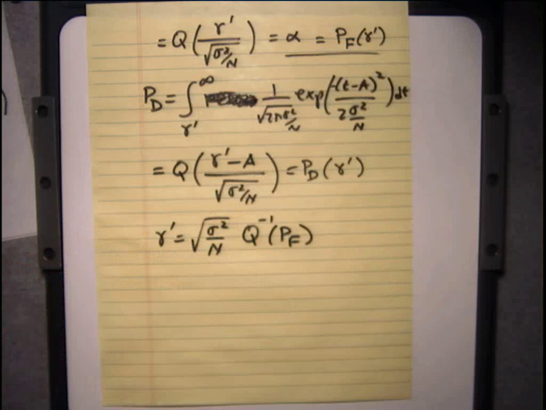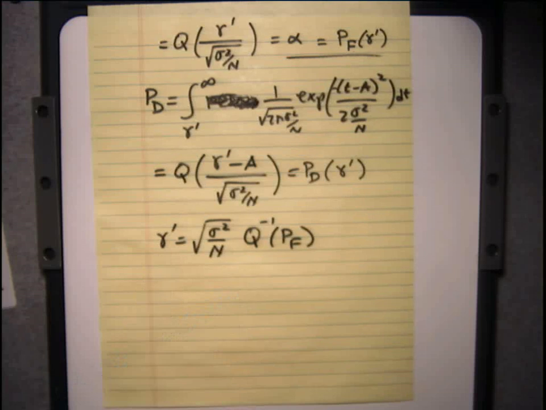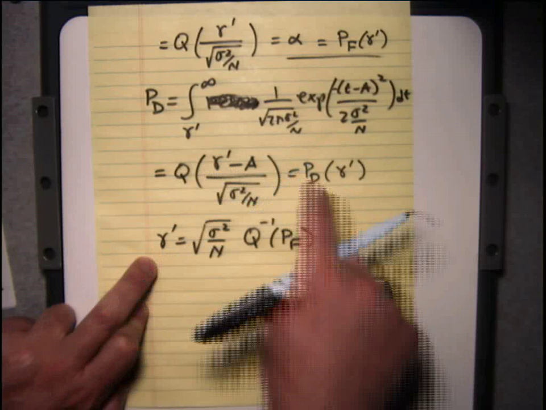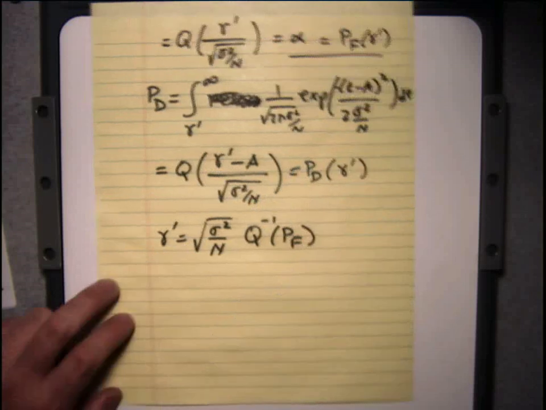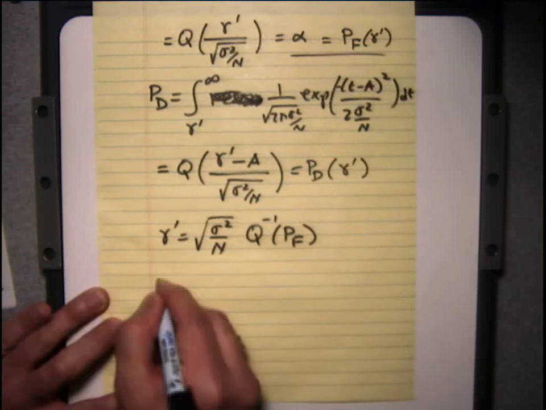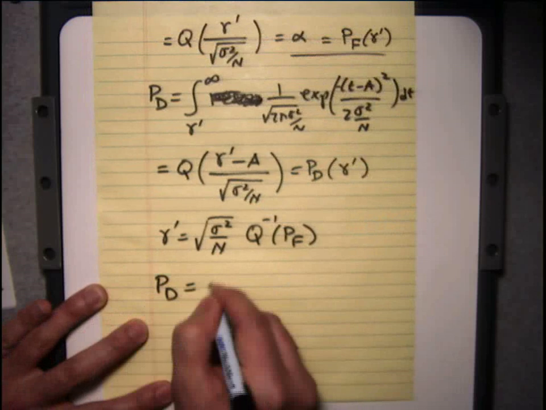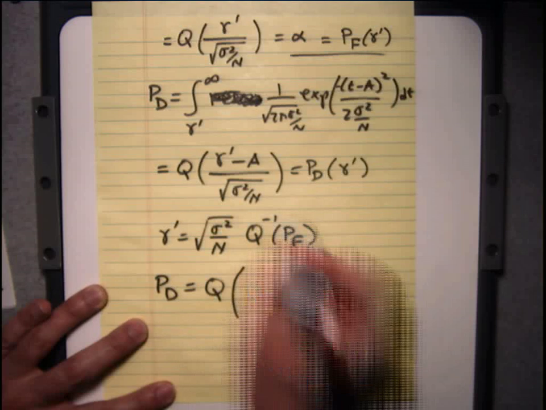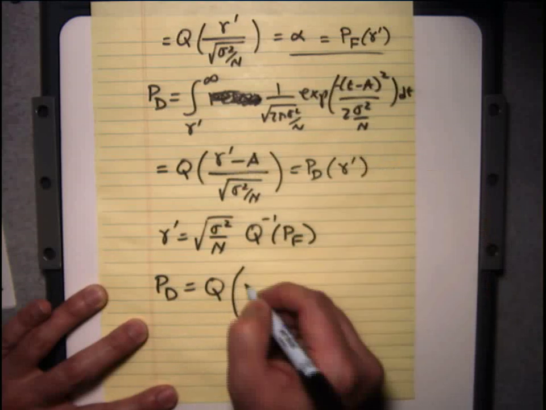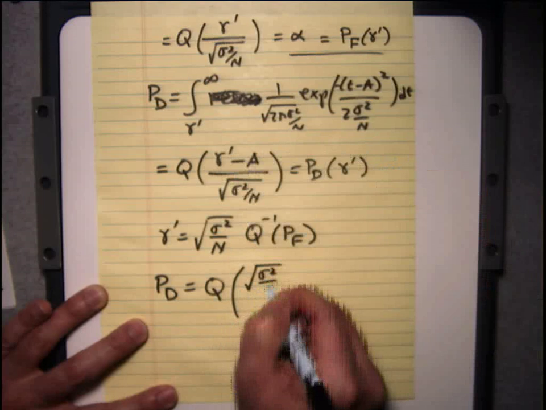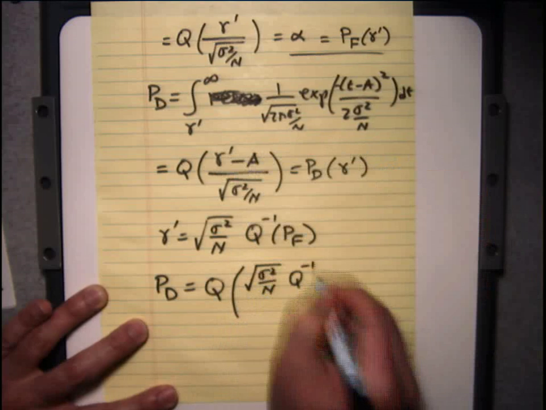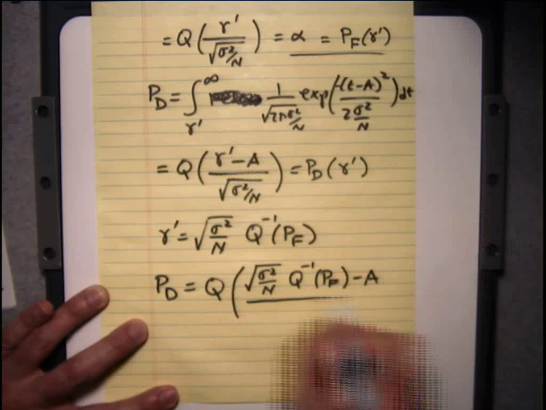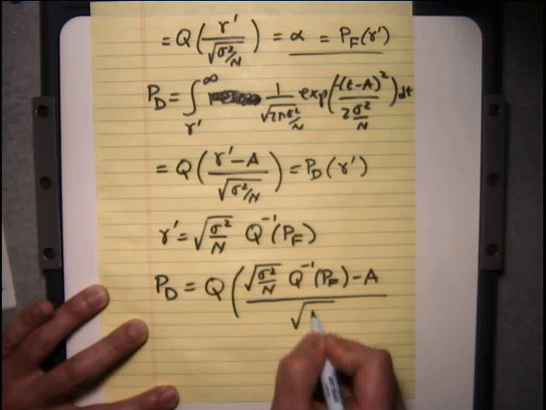And then this gamma prime gets plugged in to here to give me the corresponding probability of detection. So PD becomes Q of square root of sigma squared over n, Q inverse of PF, minus a, divided by the square root of sigma squared over n.